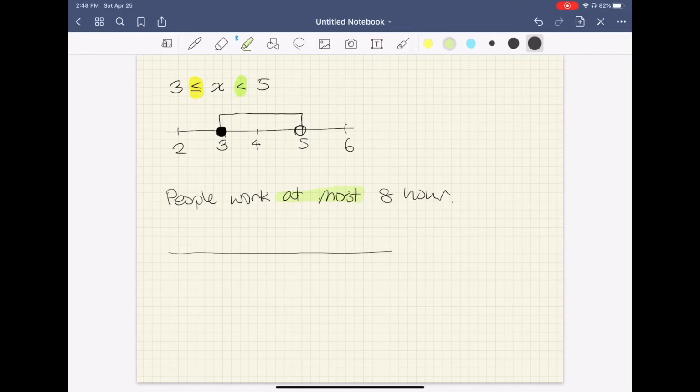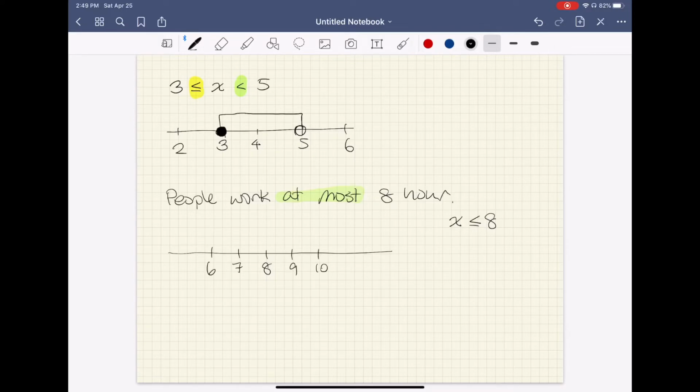So 8 hours or less. Okay. So we know that the statement will be represented as x is less than or equal to 8. At most 8 hours will include 8. So represented using a number line, 8, 9, 10, 7, 6.